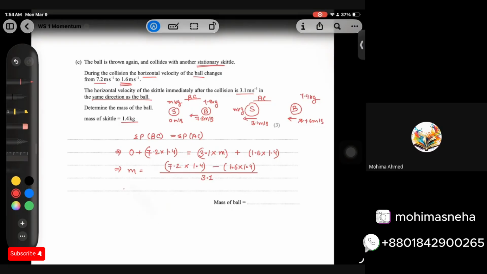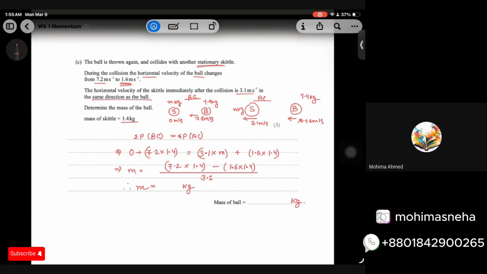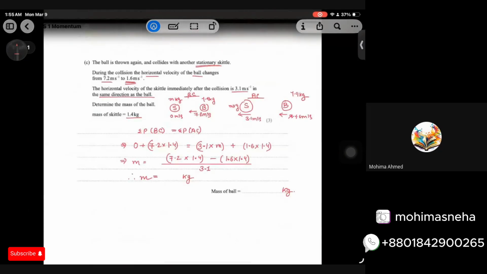How much do we get from here, Amir? 2.52. 2.52, okay. 2.52, or we can write 2.5 kg because the other particle's mass was given to two significant figures.